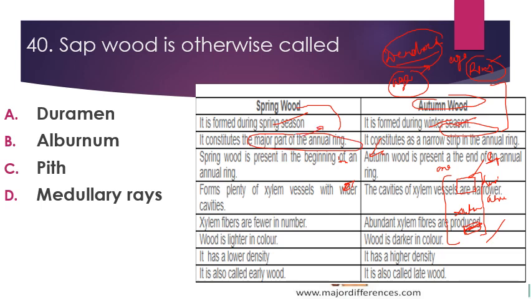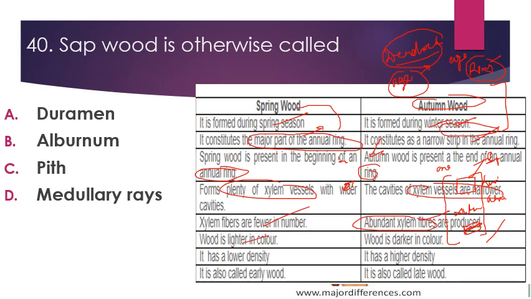Spring wood forms the major part of the annual ring because it is formed by large cells which are lighter in color, while autumn wood constitutes the narrow strip. Spring wood is present in the beginning of the annual ring, and autumn wood is present at the end. Spring wood forms plenty of xylem vessels which are wider and larger in size, while autumn wood xylem vessels are narrower.